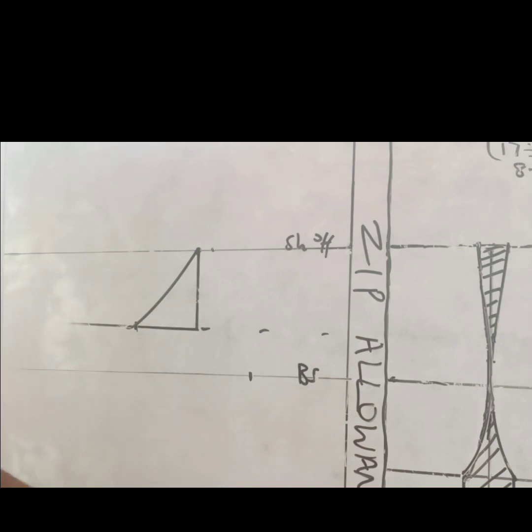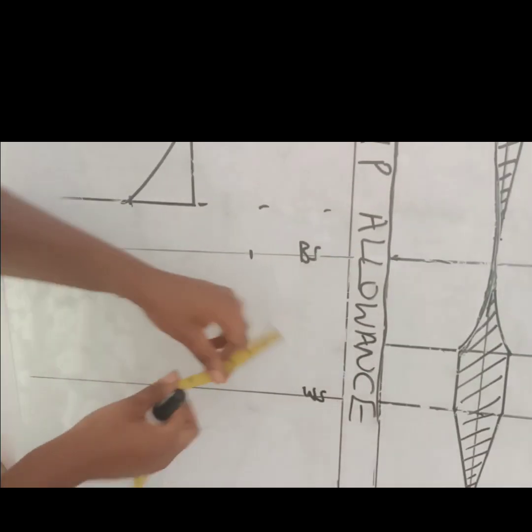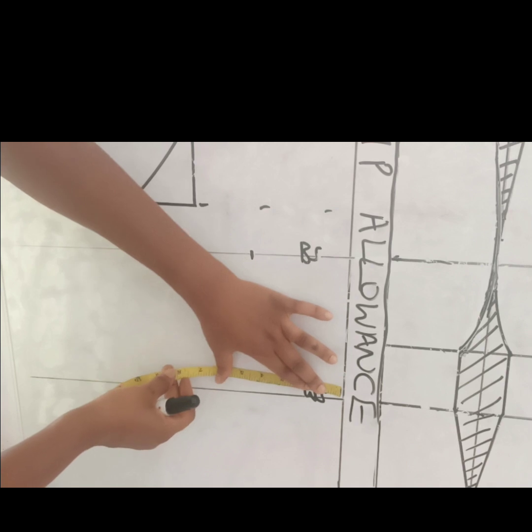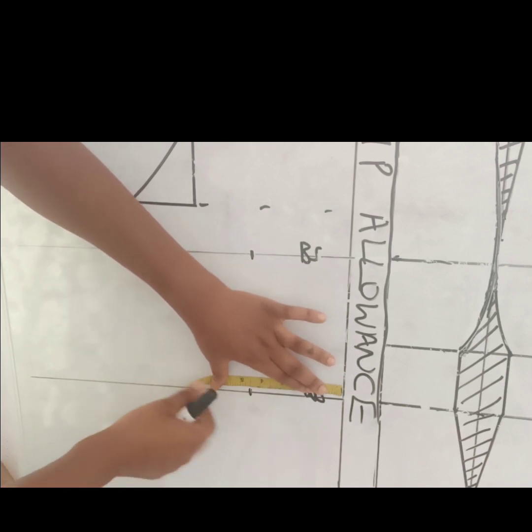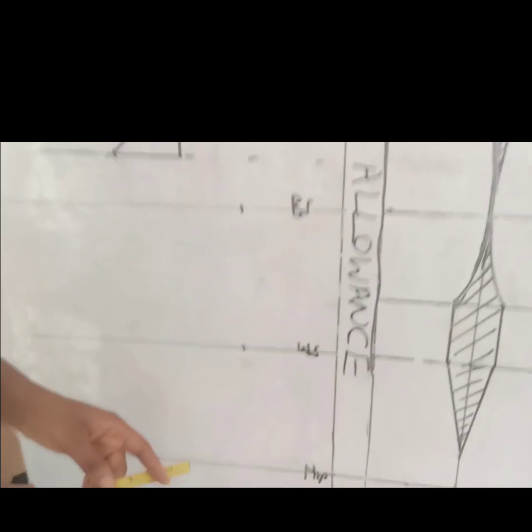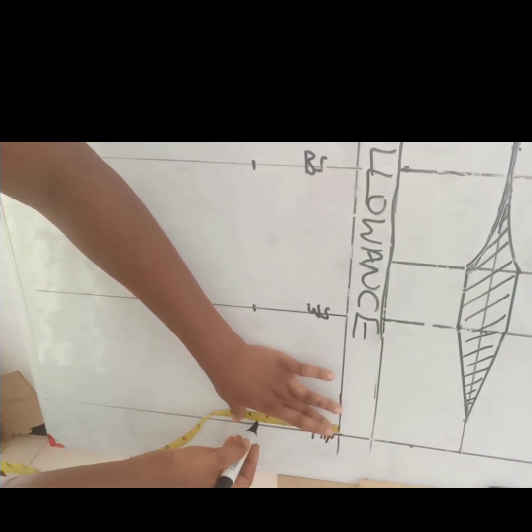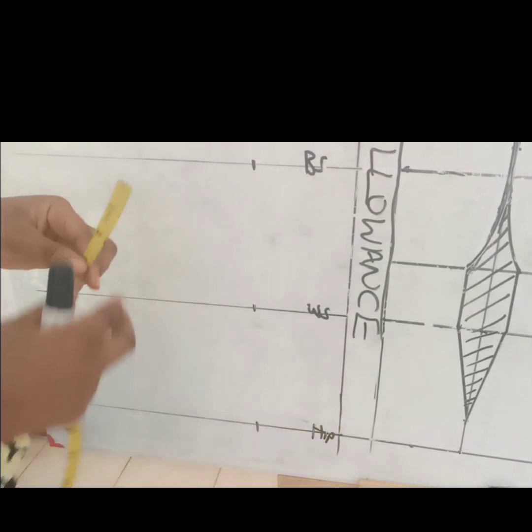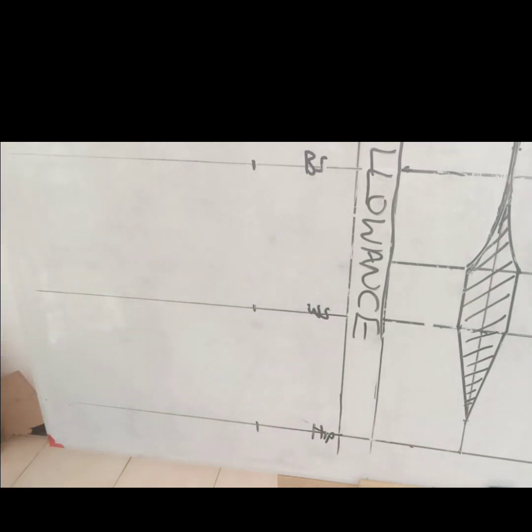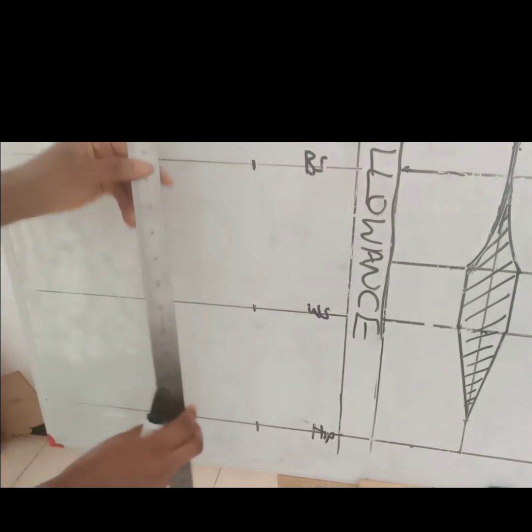Then on the waist line, we also mark 4.5. We take it down to the hip line, 4.5. Okay, we use our ruler to connect that.